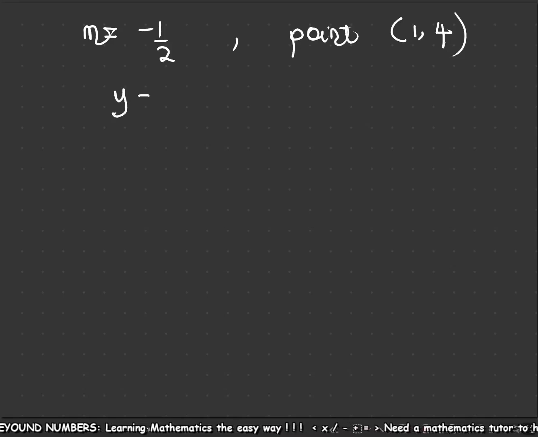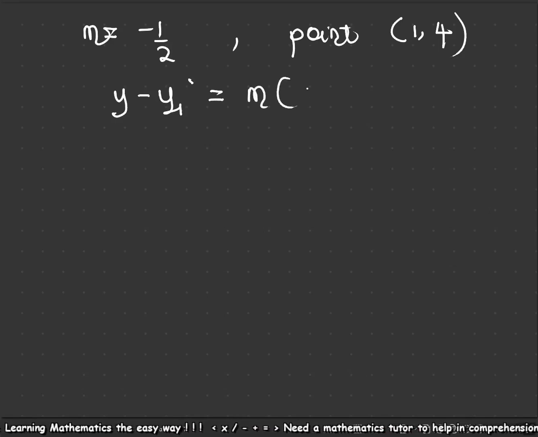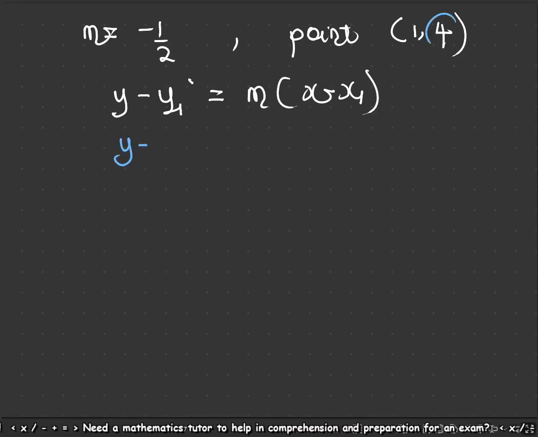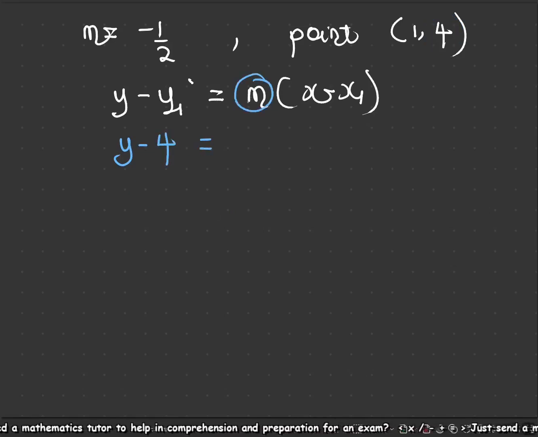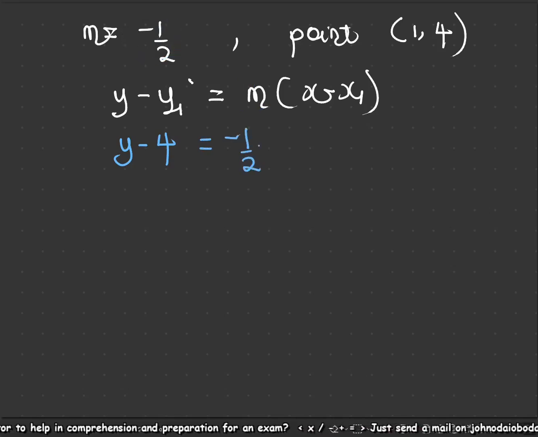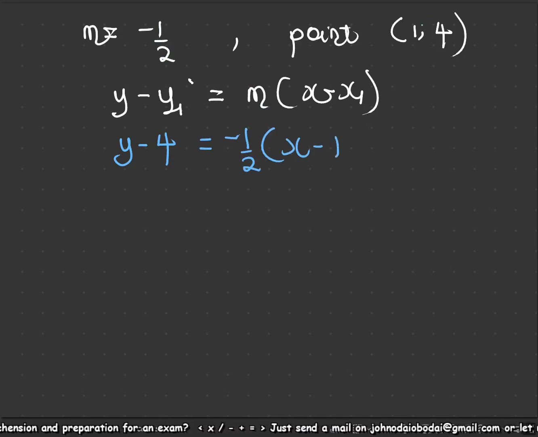So we say y minus y1 is equal to m into bracket x minus x1. Substituting, we have y minus y1. This here is our y1. So y minus 4 is equal to the gradient, which in this case is now -1 over 2, then we have x minus 1 from here.